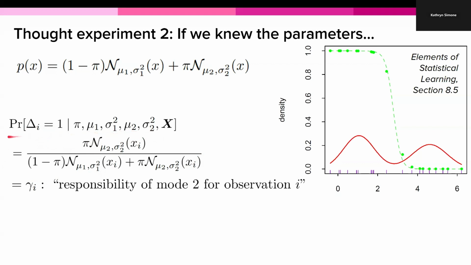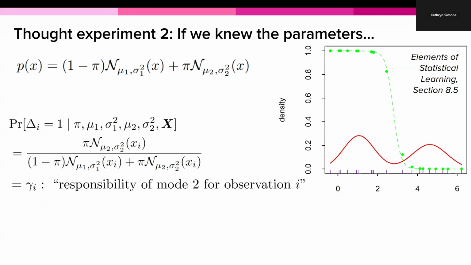And so the exact probability that a point belongs to the second mode is the density of the second Gaussian divided by the total weighted density across both modes. So we're essentially normalizing across all possibilities down here. This quantity, the probability that a point belongs to the second mode, is known as gamma i, or the responsibility of mode 2 for observation i.